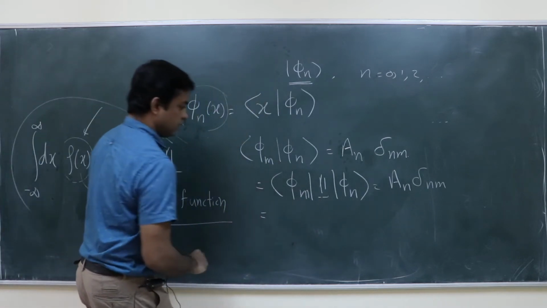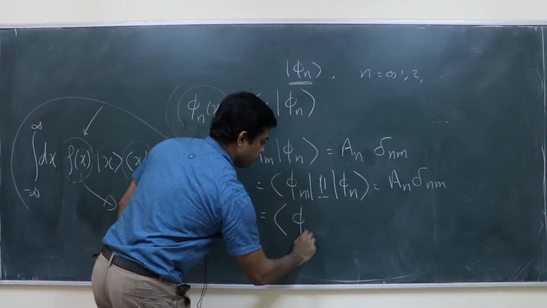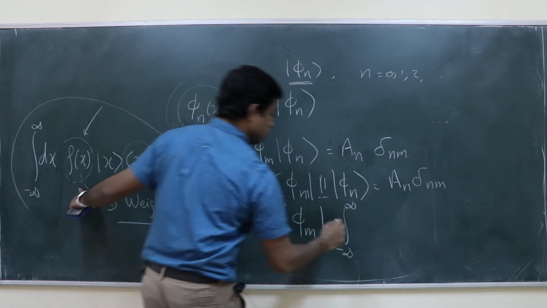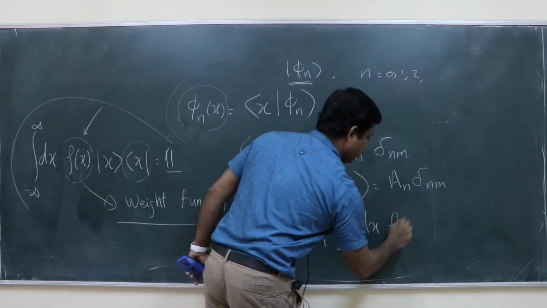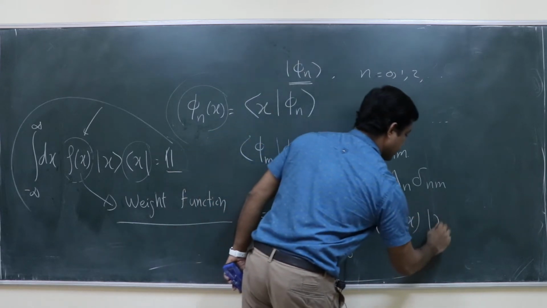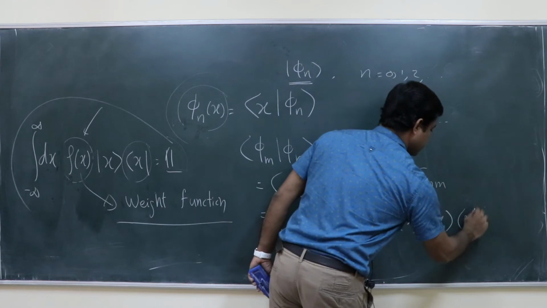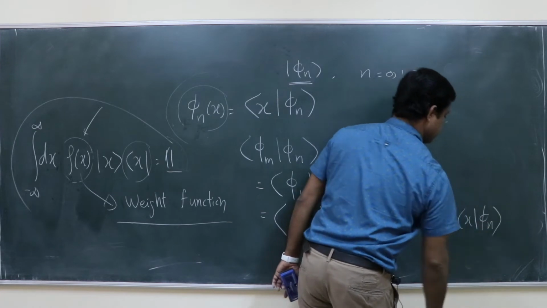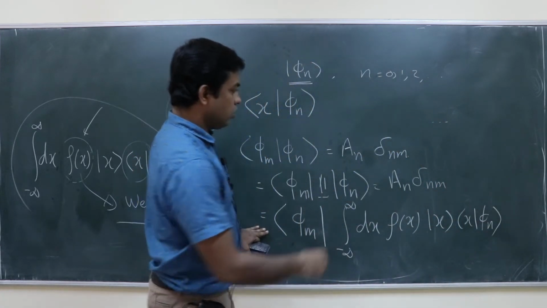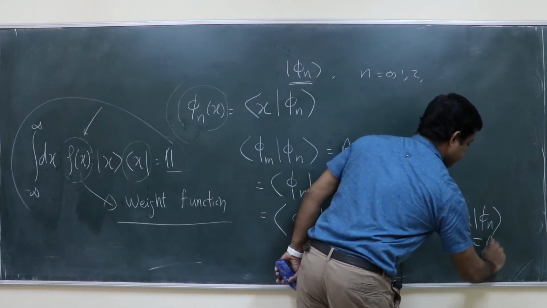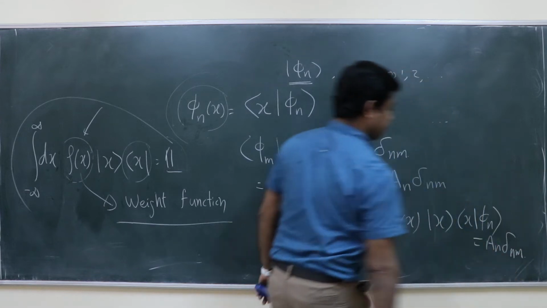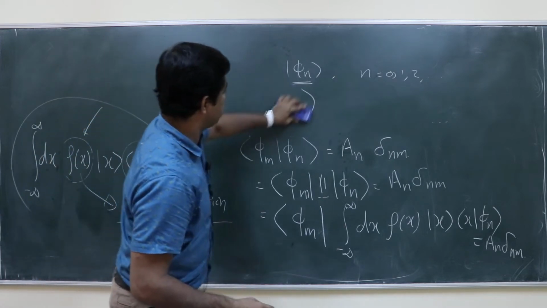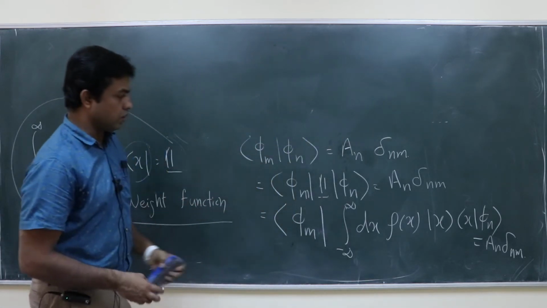So you get integral minus infinity to infinity dx rho of x ket x bra x phi n, which is equal to a n delta n m. So what is this equal to?